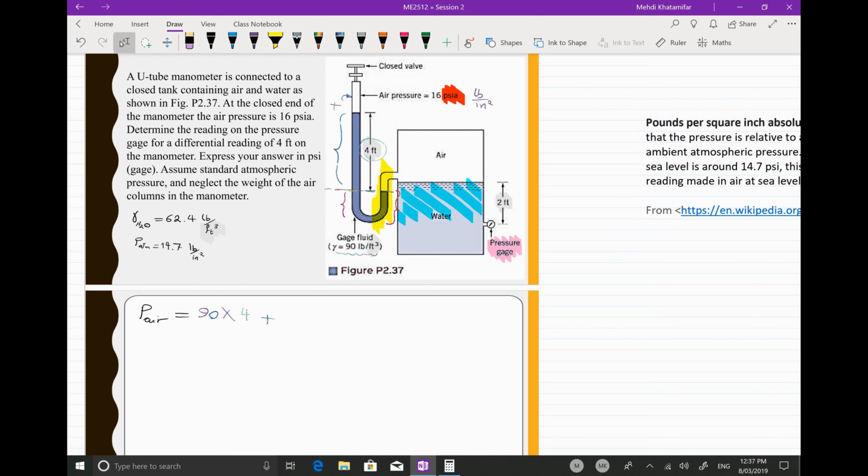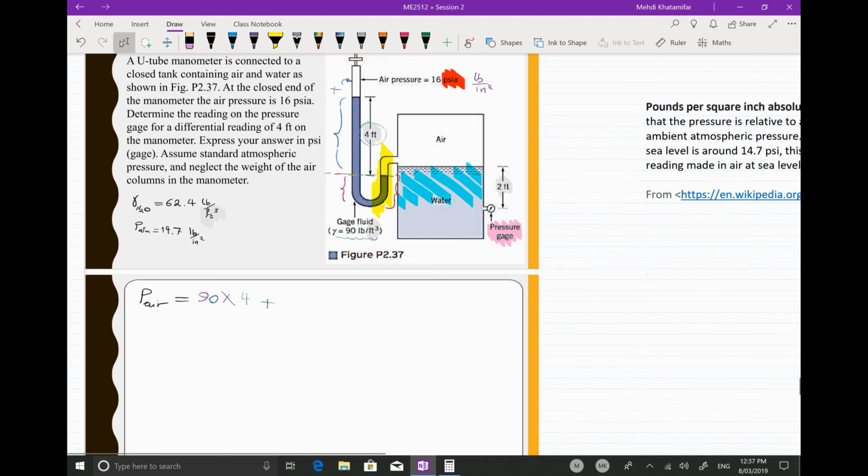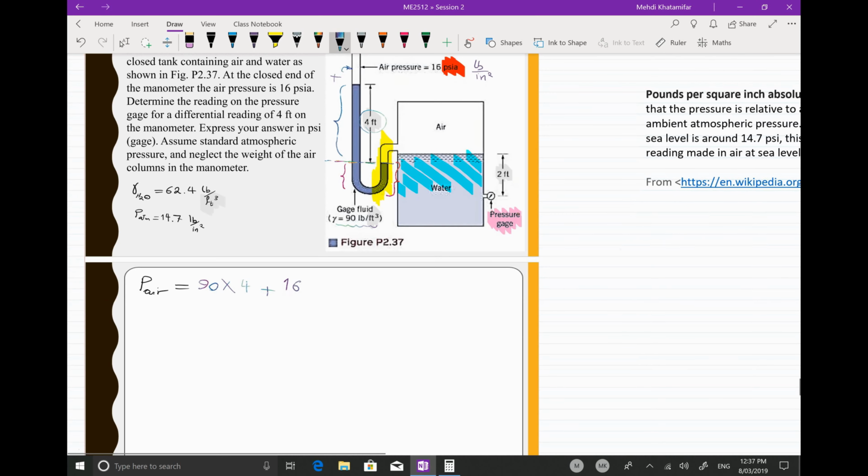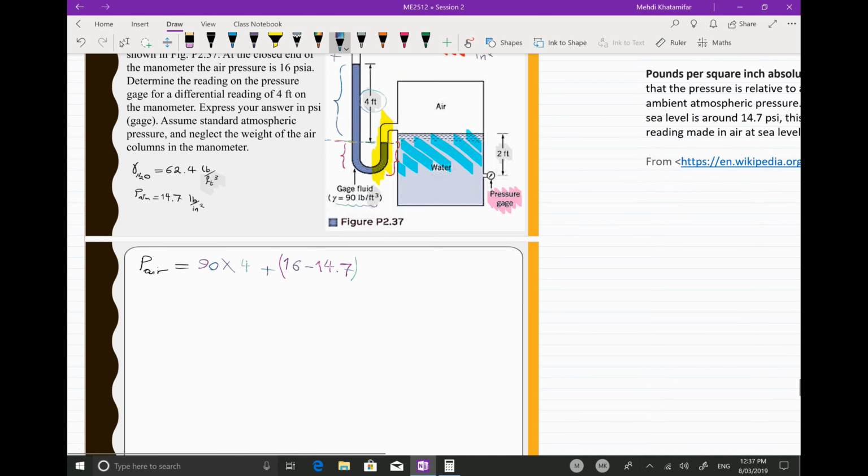Let's see what I have there. I have 16 psi A, but it is absolute, so I need to subtract the atmospheric pressure. Now this is going to be gauge pressure, but it is still pound per inch square. I need to convert to feet.